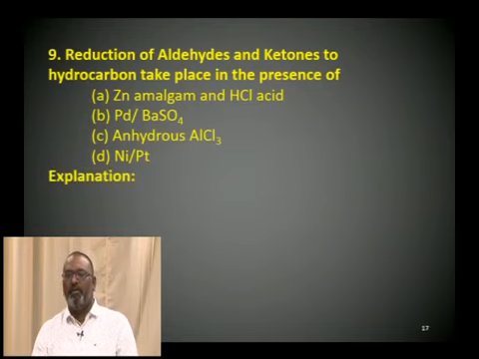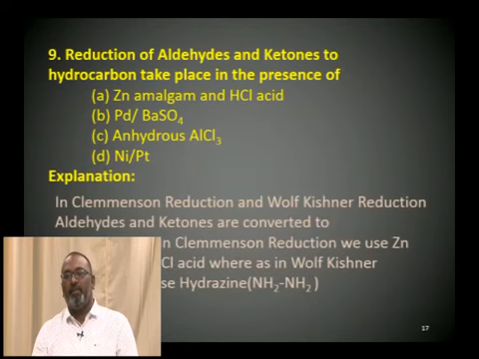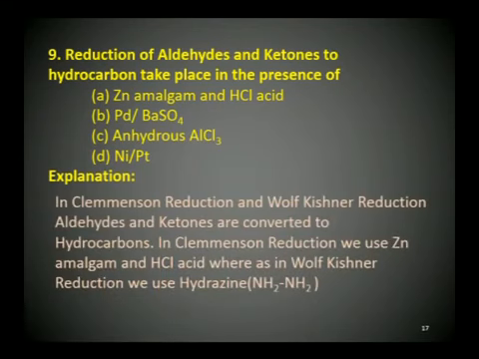Here, if you can see the reactions what we had learnt regarding aldehydes and ketones. Aldehydes and ketones can be reduced to hydrocarbons in two different ways. Number 1, it is Clemmensen reduction, where we use zinc amalgam and hydrochloric acid as the catalyst.